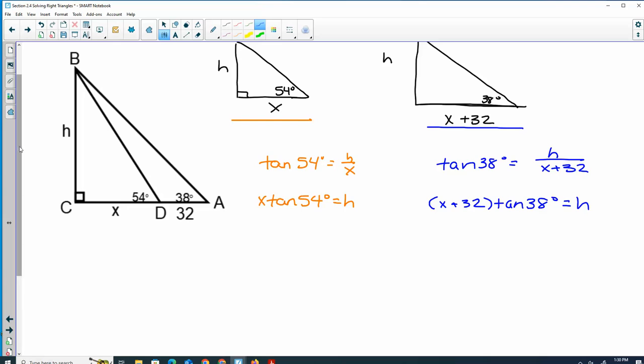Where would I go from here? Both of those are equal to H, which means if they're equal to the same thing, they have to be equal to each other. So I'm going to set X tangent 54 degrees equal to X plus 32 tangent of 38 degrees.